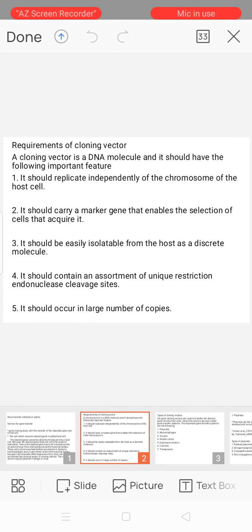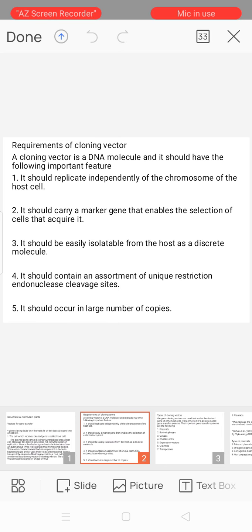A cloning vector is a DNA molecule and it should have the following important features. First, it should replicate independently of the chromosome of the host cell. Second, it should carry a marker gene that enables the selection of cells that acquire it.